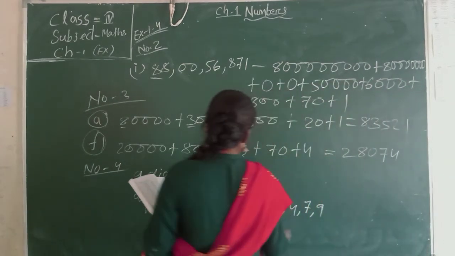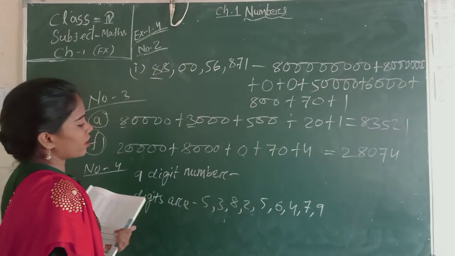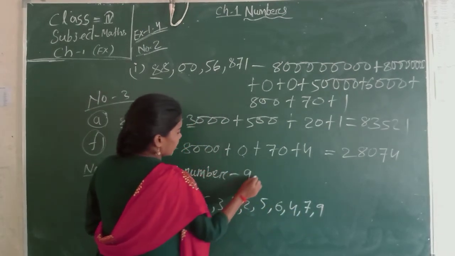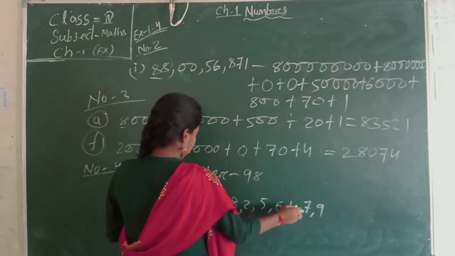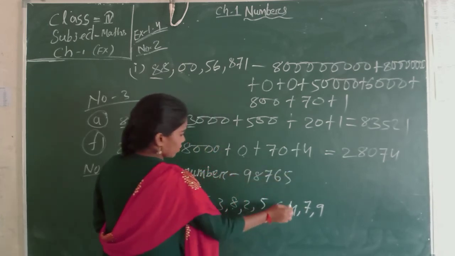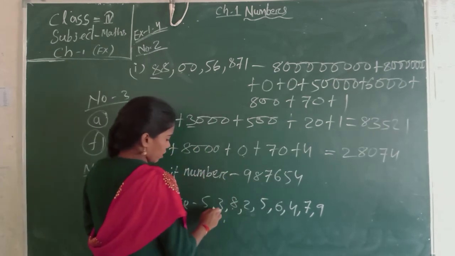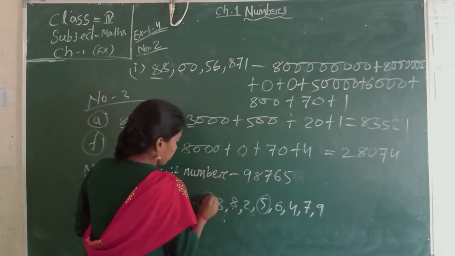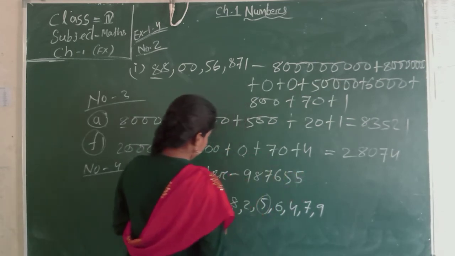Okay, so from these digits, which one is the greatest digit? There is 9. Next is 8. Next 7, 6. Next 5. Next 4. Next 3. Sorry, there is 2, 5. Okay, so right here 2, 5.